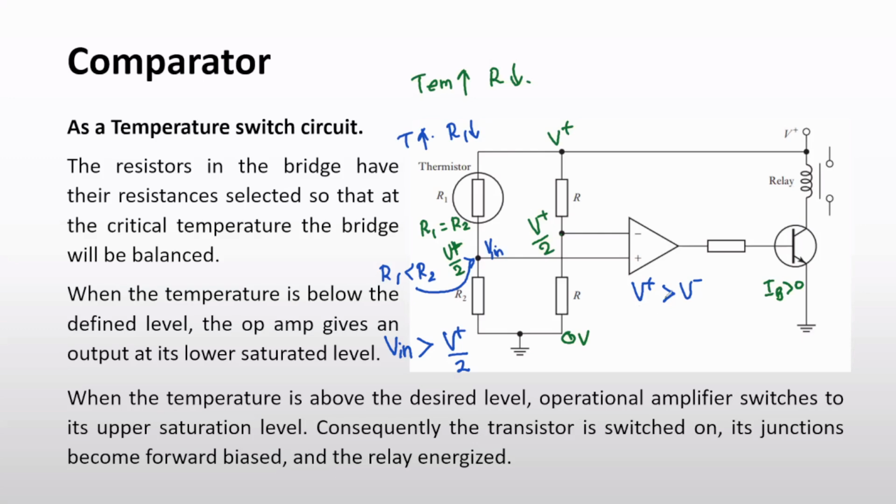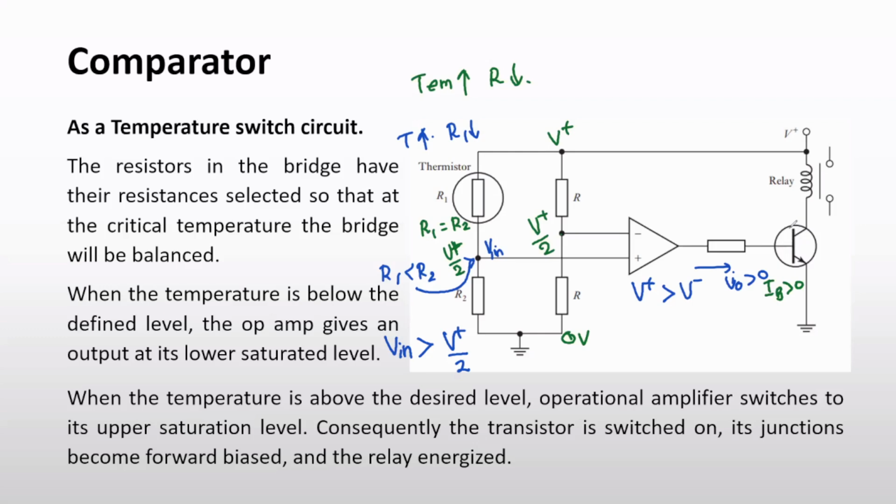That means the voltage at the non-inverting input is greater than the voltage at the inverting input. So the op-amp passes a positive current. That means V out is larger than 0. Therefore, this operates.